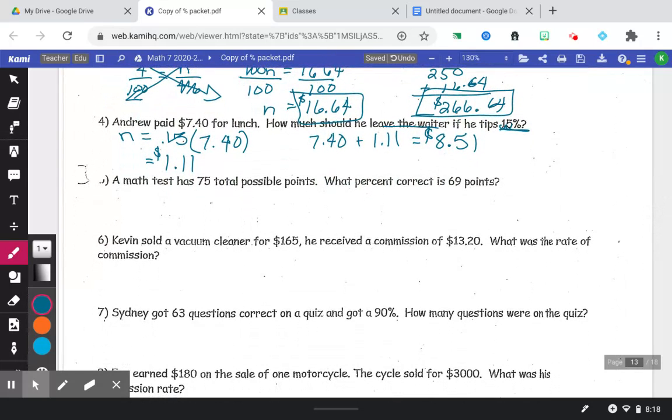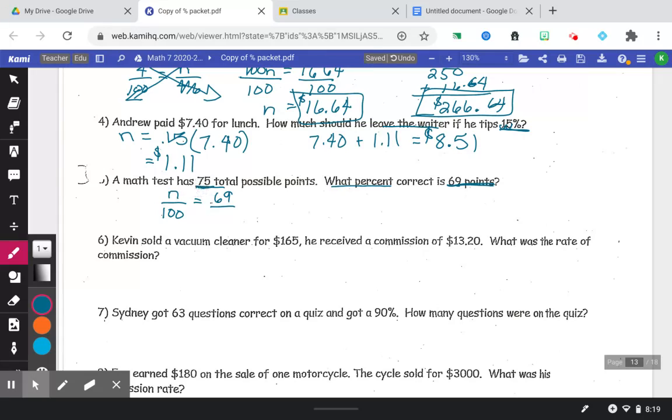All right, number 5. A math test has 75 total possible points. What percent is correct if you had 64 points? Okay, so I'm going to think percent over 100 equals part over total. So I'm looking for the percentage. The part is going to be the part of the test that was correct.